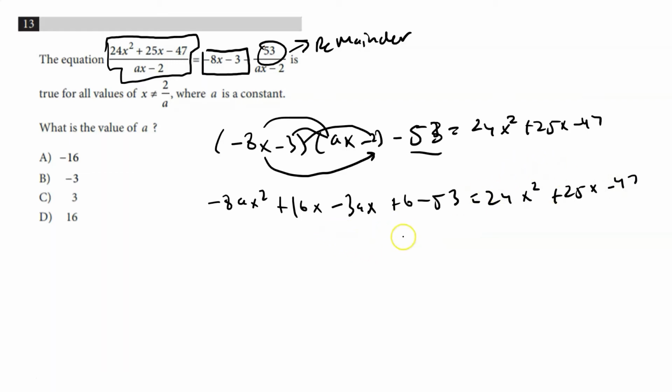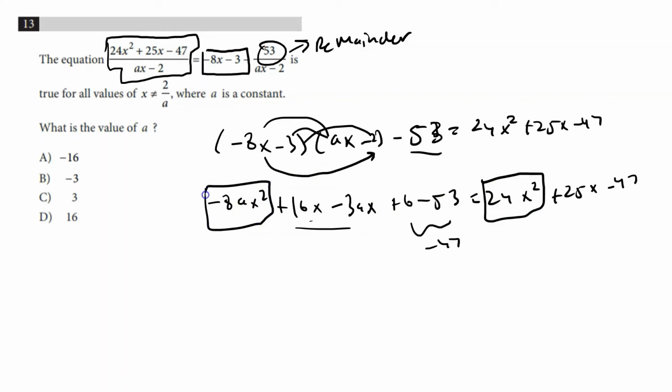We can simplify this to -47 and ignore this term for now, and note that this x squared term has to be equal for both sides of the equation. So we can ignore this stuff and just say that -8ax squared must be equal to 24x squared.